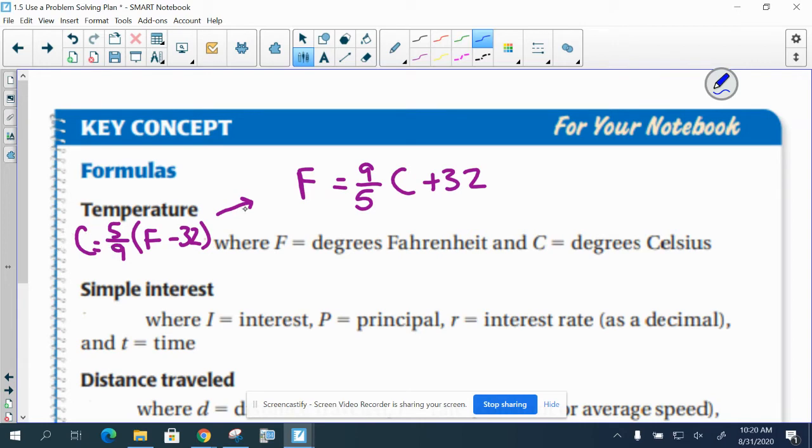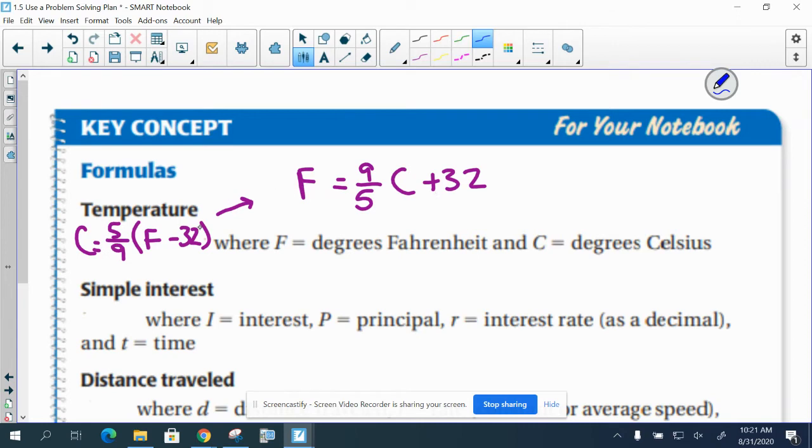So it'd be 9/5 C, that's where this comes from, and then you would add the 32, so plus 32. And this makes sense because now you're taking the Celsius and you're multiplying it by a fraction greater than 1, which gets a bigger number, and then adding on 32.